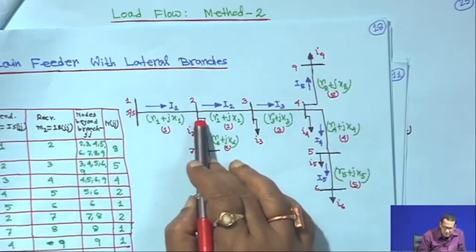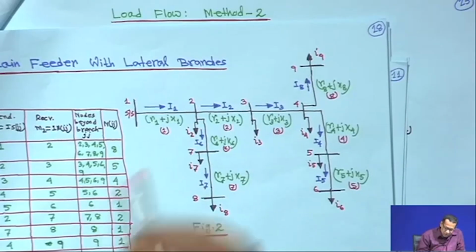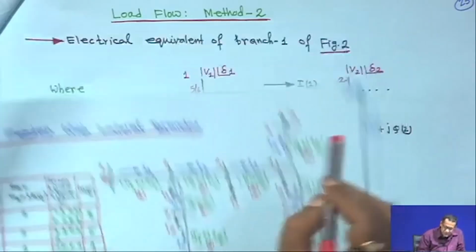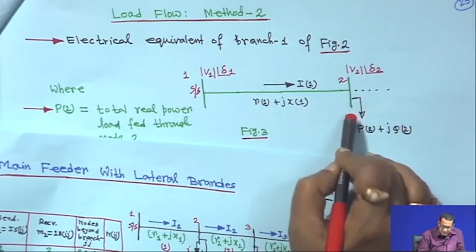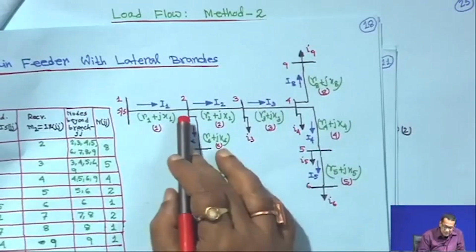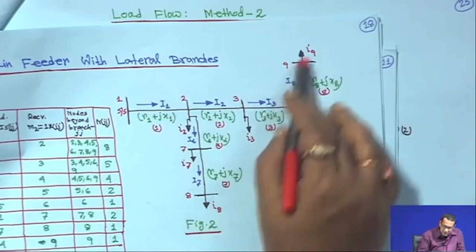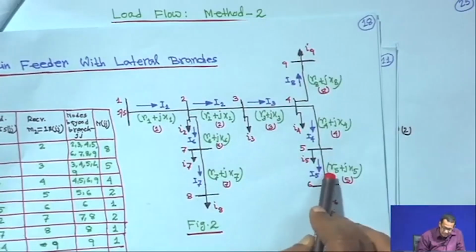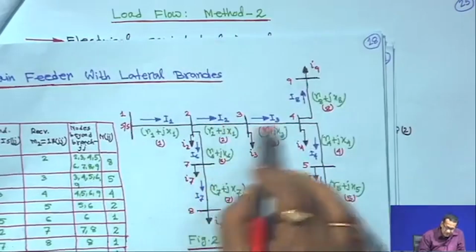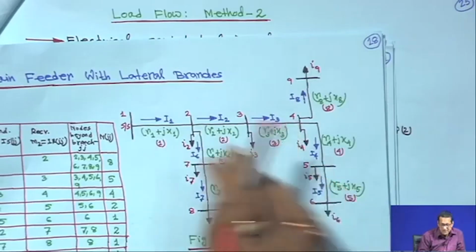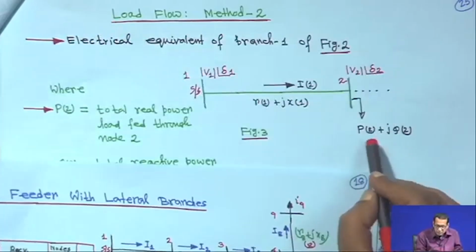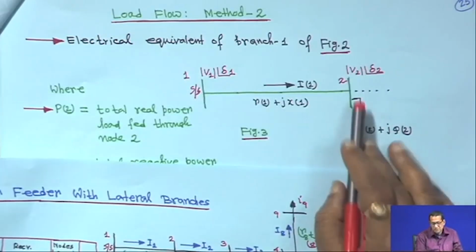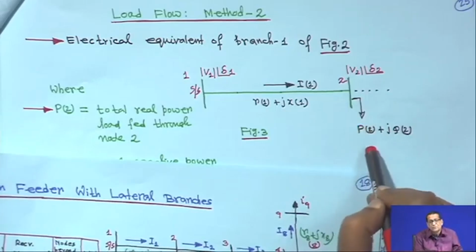That will be the total load fed through the node: the load of the receiving end node itself, plus all the loads beyond this branch, plus all the power losses in all the branches beyond this branch. That is the real power load fed through node 2.